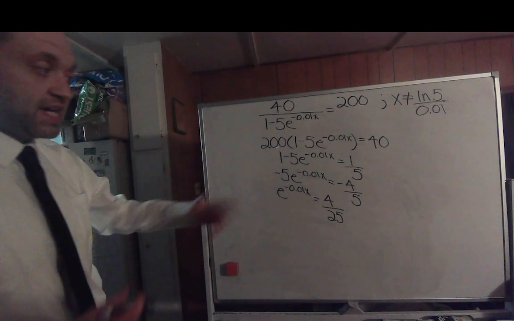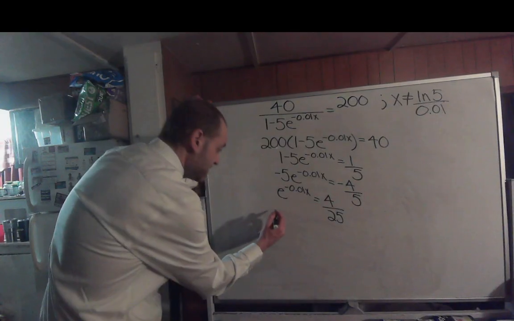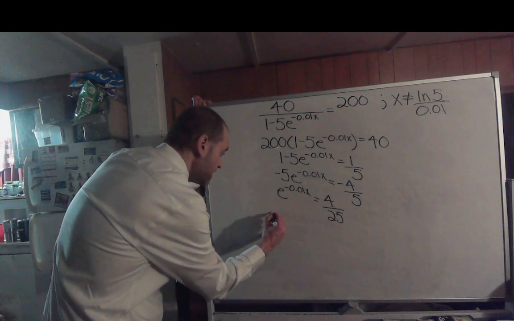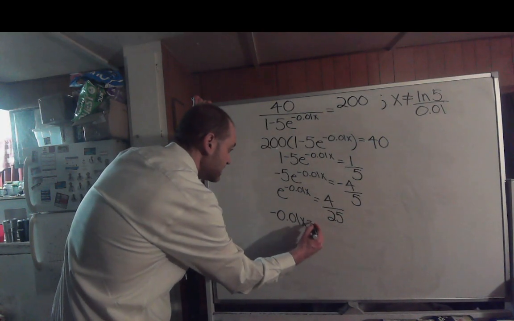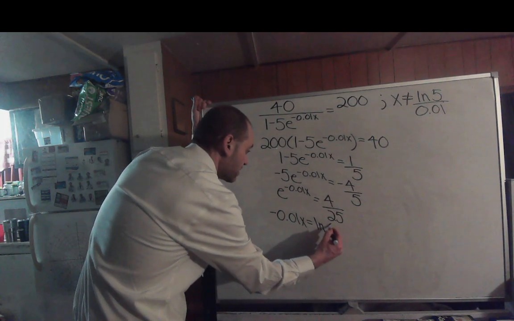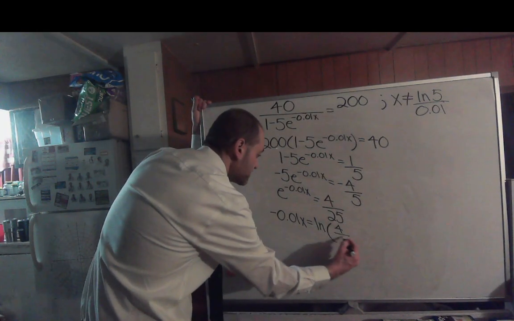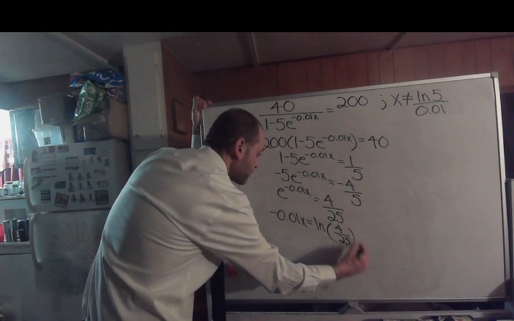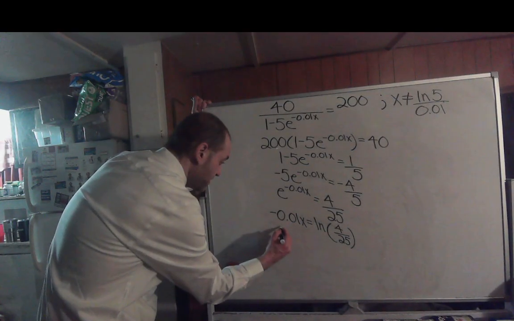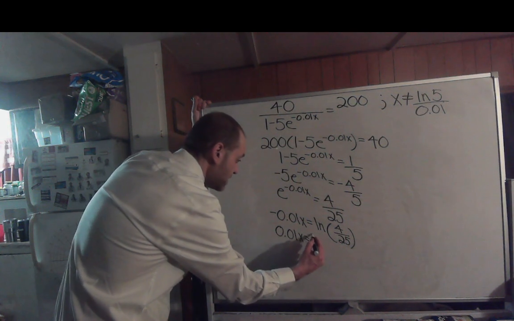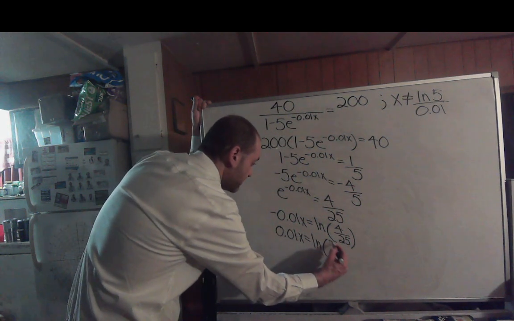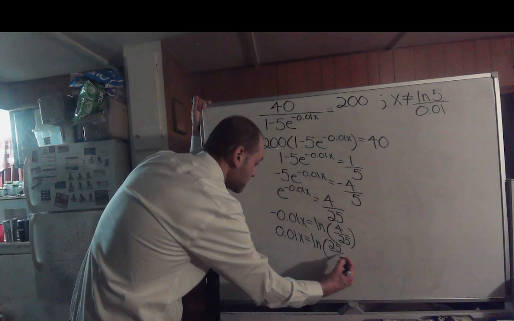So now we just take the natural log of both sides. So this would just give you negative 0.01x equals the natural log of 4/25, which would give you that 0.01x equals the natural log of 25/4.